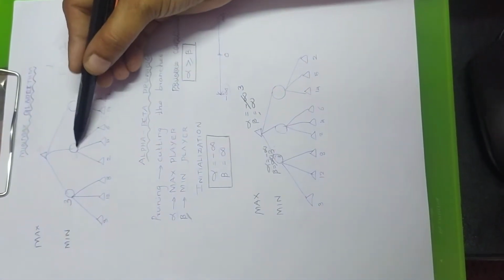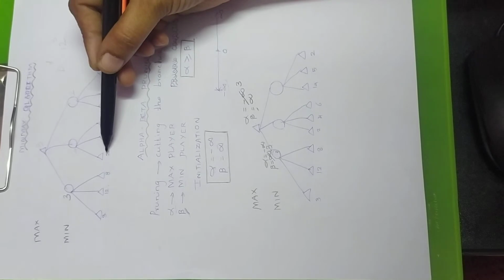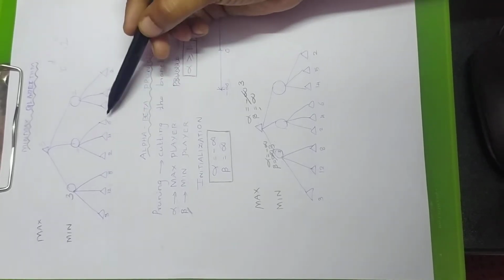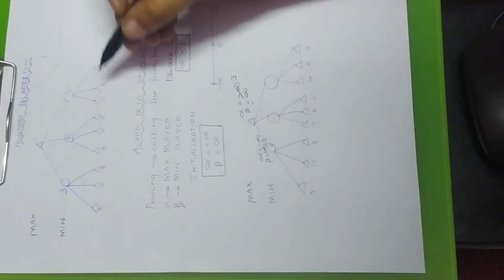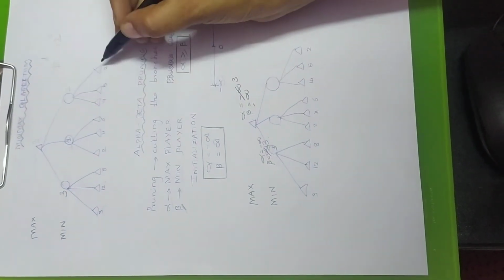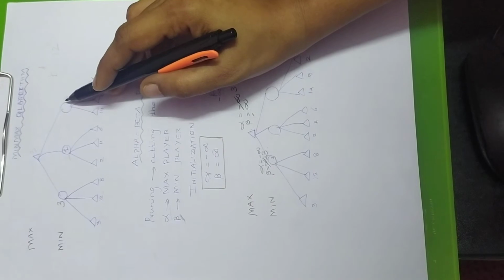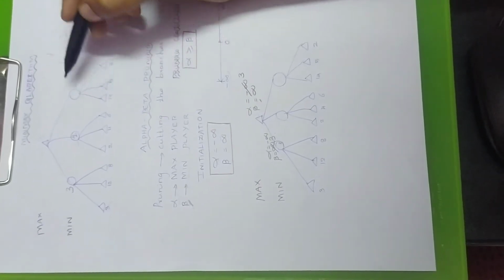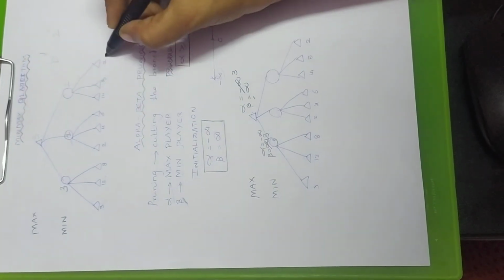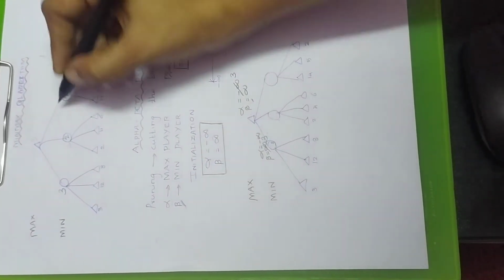For the second node, there are three children, 2, 4, 6. The smallest value is 2, so 2 is selected. For the last intermediate node, 14, 5 and 2 are the child nodes, and 2 is the minimum value, so that is selected.